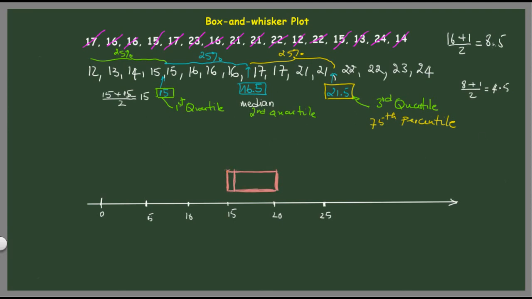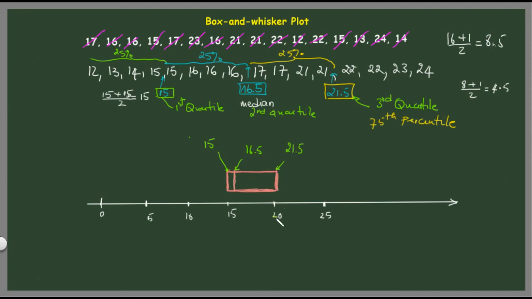And this here is the first quartile. This is 15, that's what we said. And the median is right here. It is 16.5, and the third quartile here is 21.5.